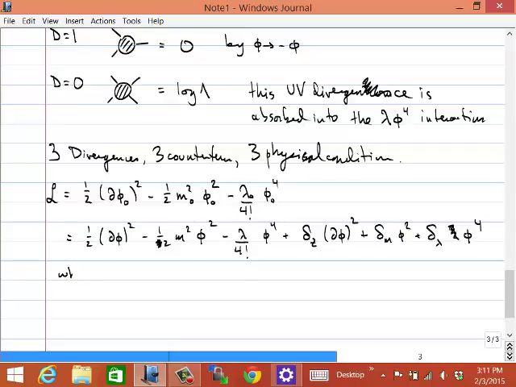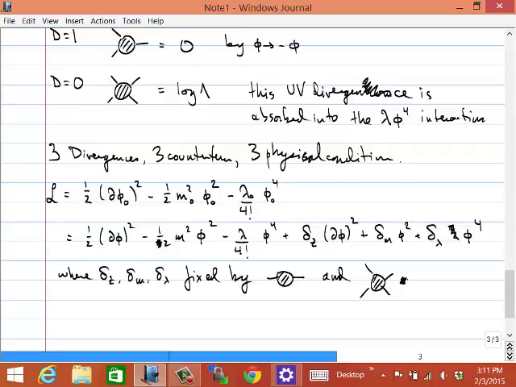And delta z, delta m, and delta lambda are fixed by saying that the propagator has a pole at m squared with residue 1, and likewise that the 4-point function at a particular value of the coupling is equal to lambda.